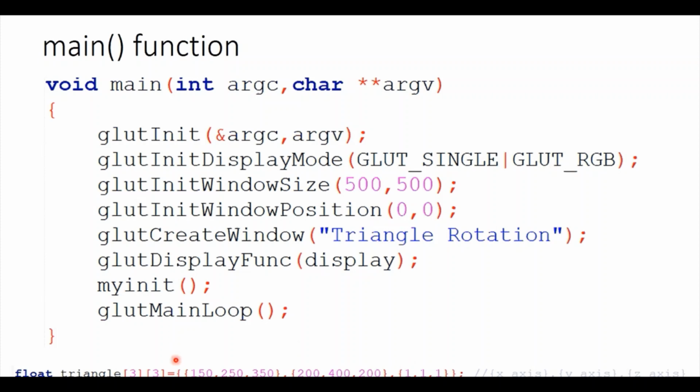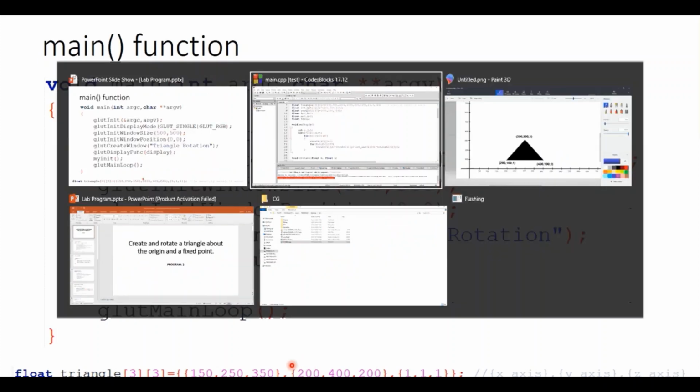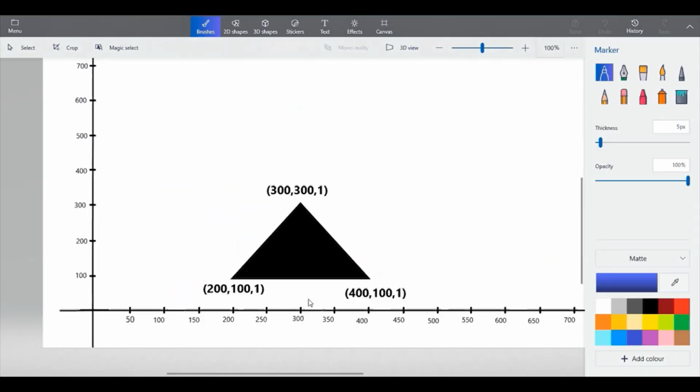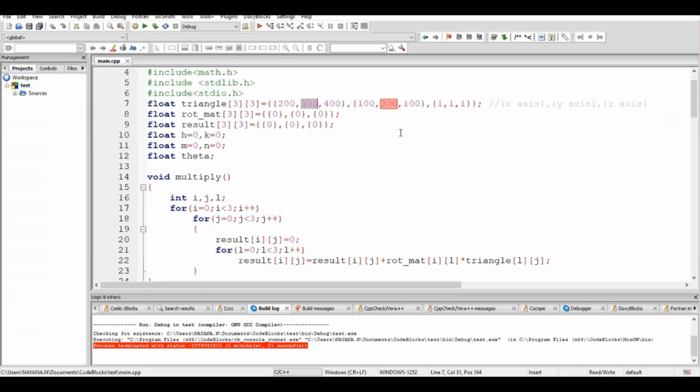So the first point is 200 comma 100, the next is 300 comma 300, and the other one is 400 comma 100. For all 3 points the last value is 1. It's not actually z-axis, this is h-axis. I would put it as homogeneous axis.